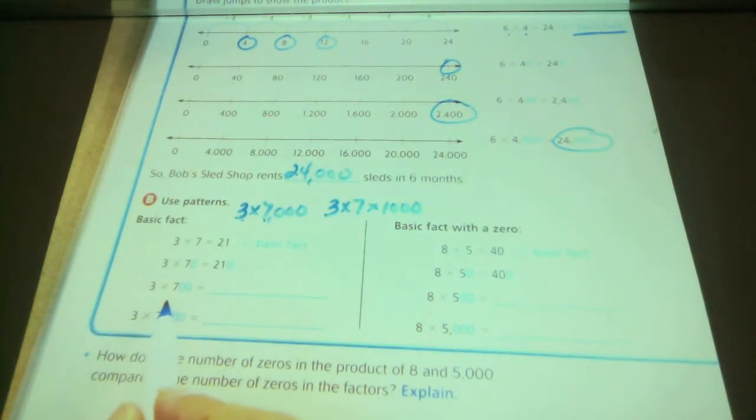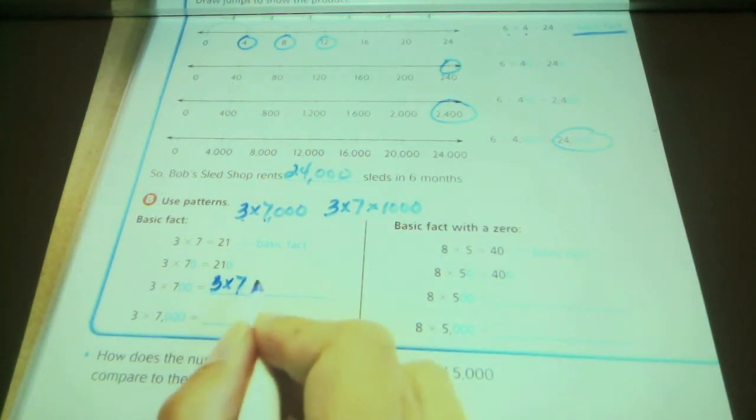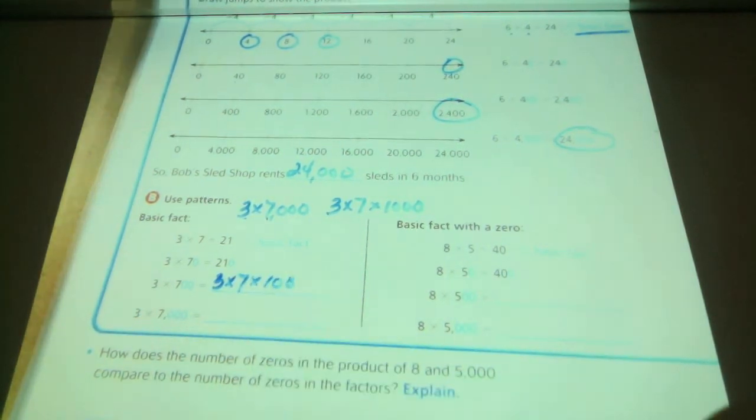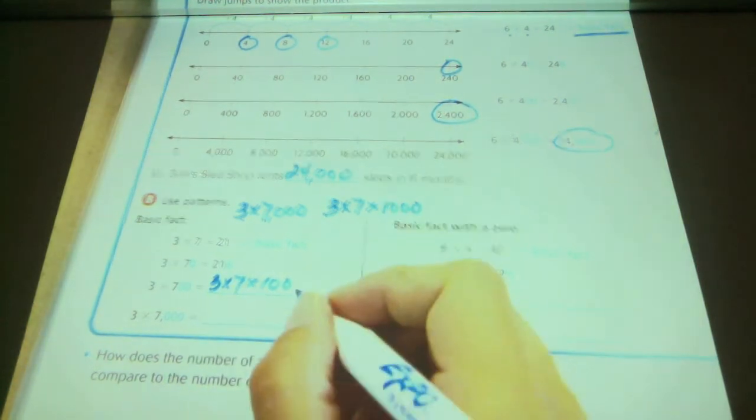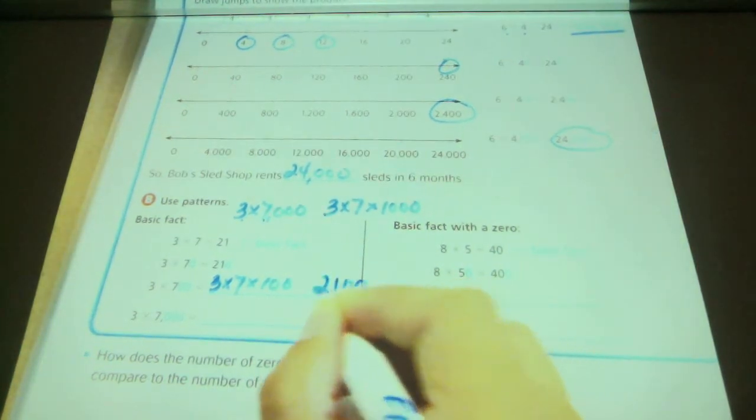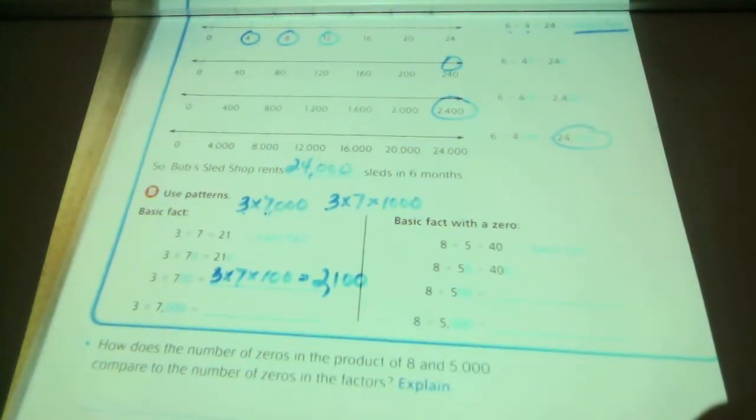3 times 700. So we do 3 times 7 times 100. What is 3 times 7? 21 times 100 is 21 hundreds, which looks like that. Remember renaming?